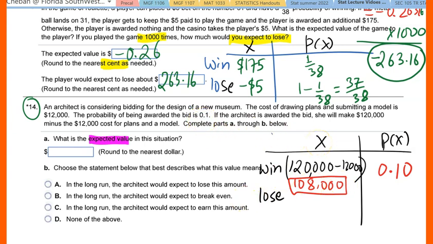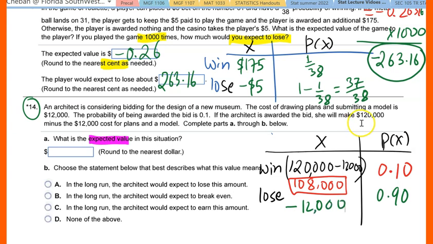But what's the chance of losing? 0.90. Remember that 0.10 is 10%, and 0.90 is a 90% chance of losing. And if she loses, she will lose $12,000. That's the cost of the drawing plan. Make sense?